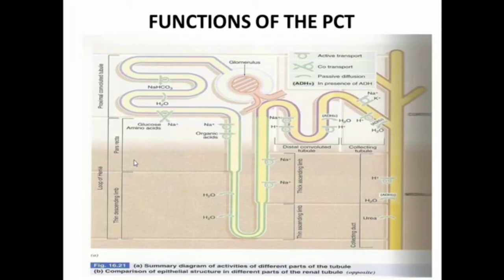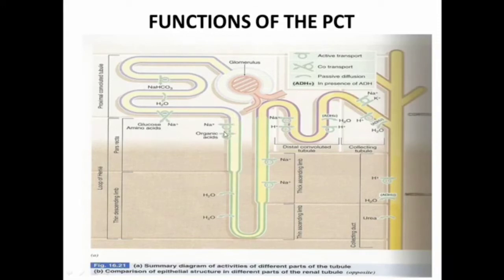Okay, now what is happening here? This is the straight part of this proximal tubule. This straight part of the tubule starts where the convoluted part ends, and it ends where the upper part of the loop of Henle starts.